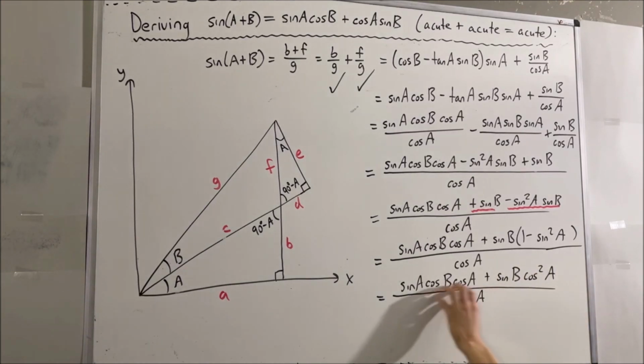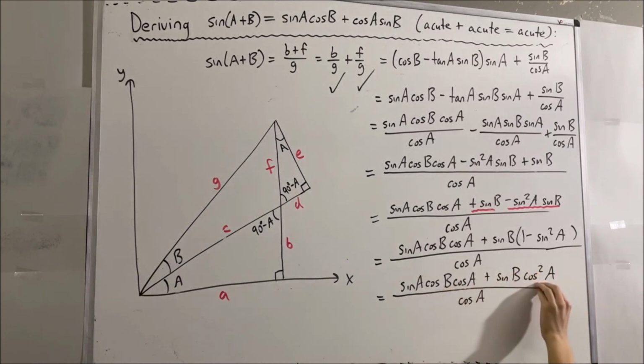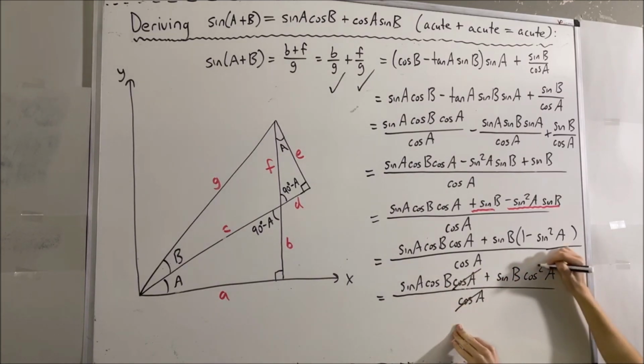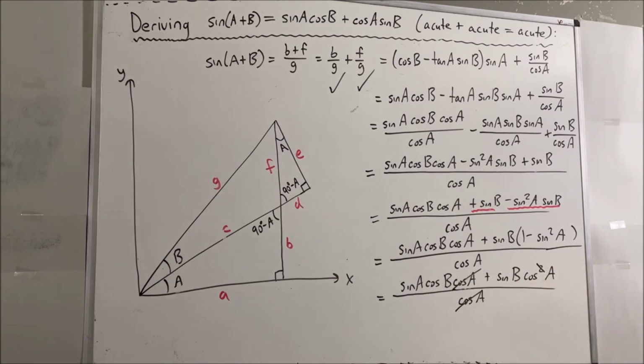And notice, in these two terms, we have cosine a, cosine squared a, cosine a. So, cosine a's go away, and cosine squared a becomes cosine of a. Right? So things cancel out, and as you can see, we're left with sine a cosine b plus cosine a sine b.